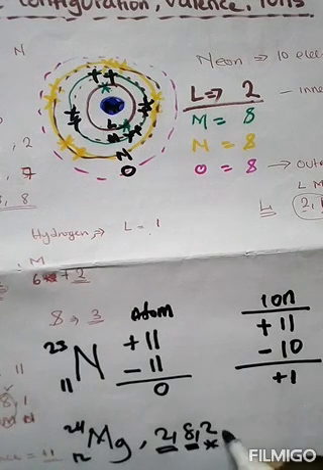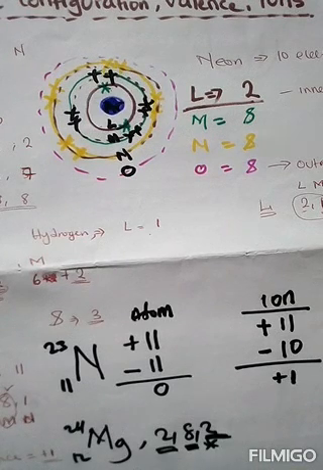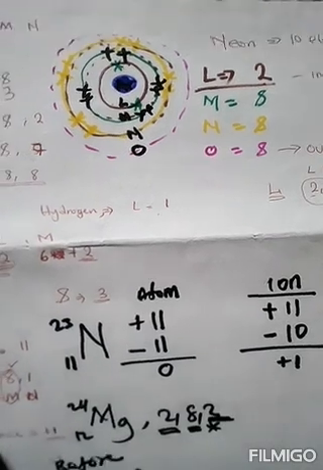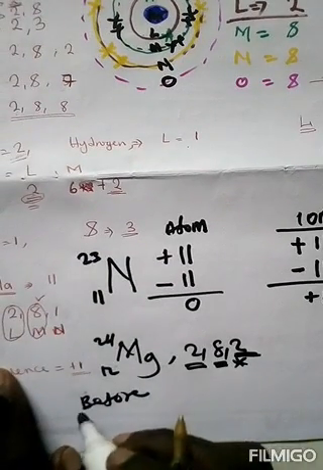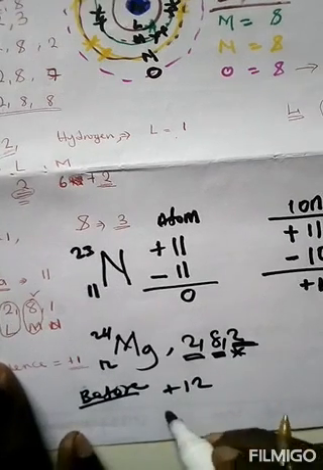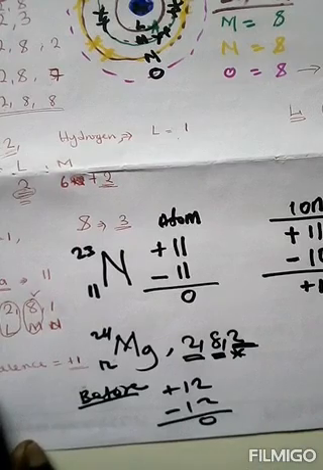It can easily lose these last electrons in the outermost shell. How will magnesium look? Before losing, magnesium has 12 protons and 12 electrons, making the charge on magnesium 0.